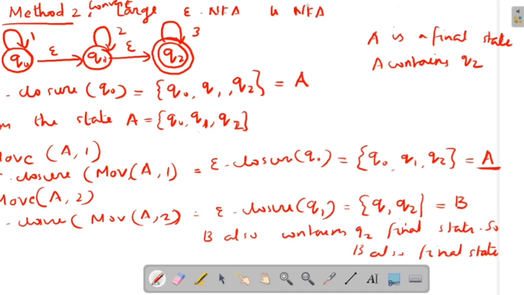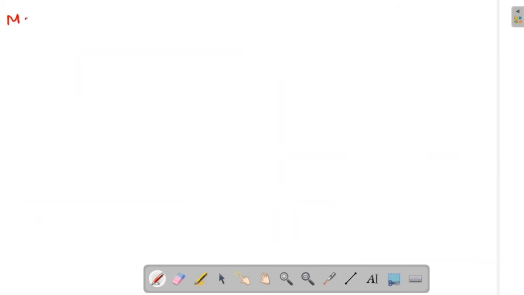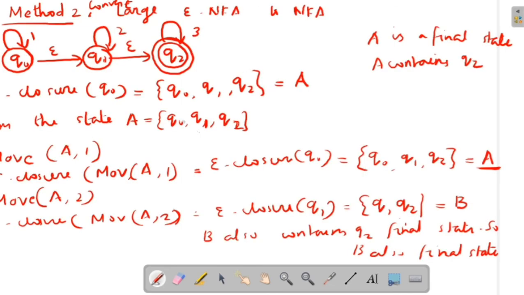Next, we find move of A comma 3, which is epsilon closure of move of A comma 3. A is equal to Q0, Q1, Q2. We find if there is any transition from these states over the alphabet 3.